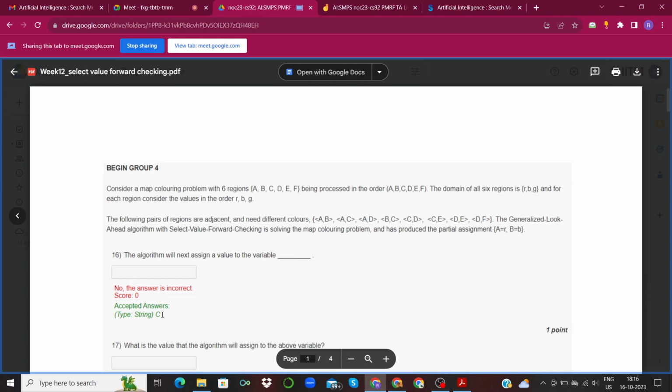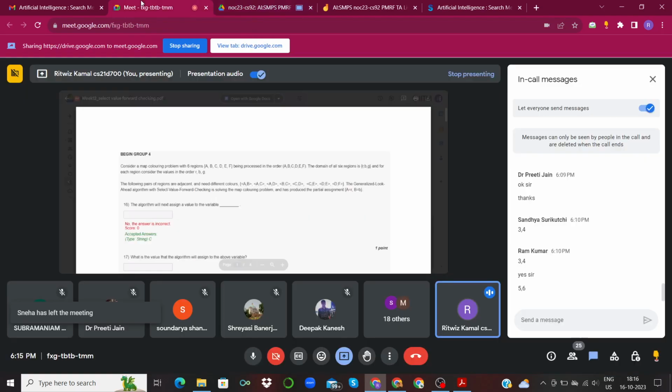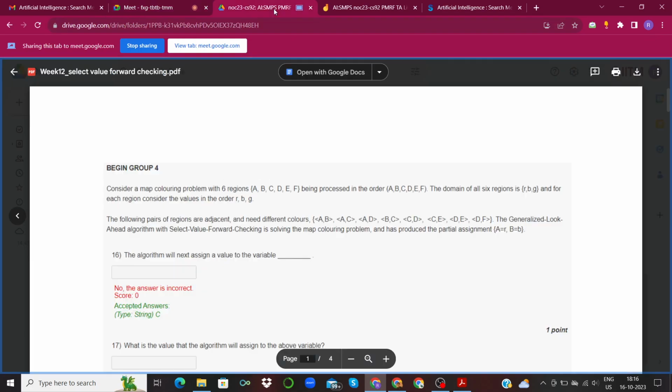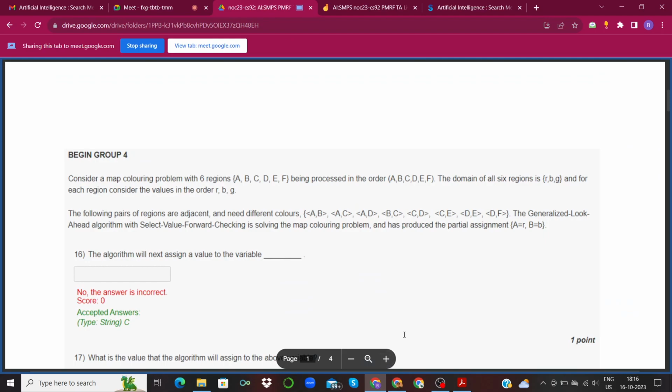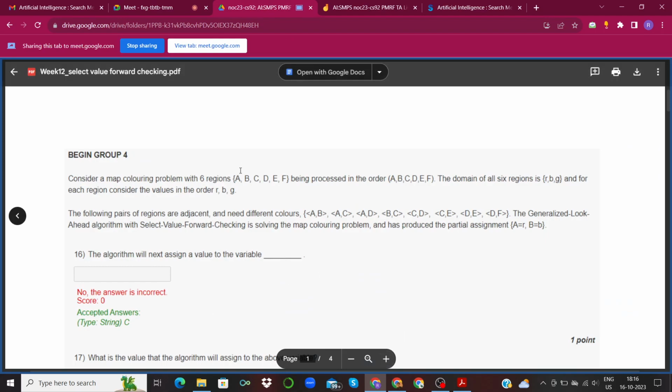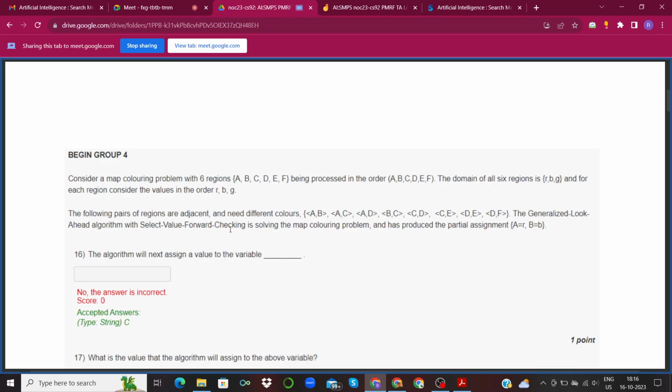So try not to look at the answer that's already given over here. Try to solve it on your own, and we can discuss the solution in detail. I couldn't remove this while taking a screenshot in a hurried way, so sorry about that. But try not to look at the solution first, try to solve it, and then you can have a look at the solution.